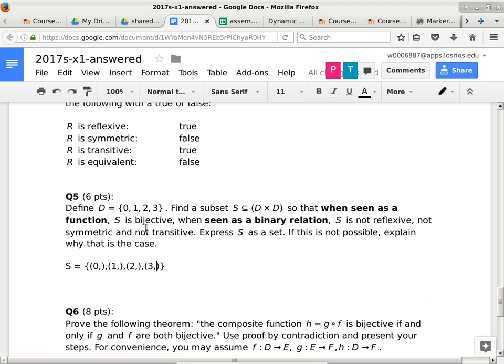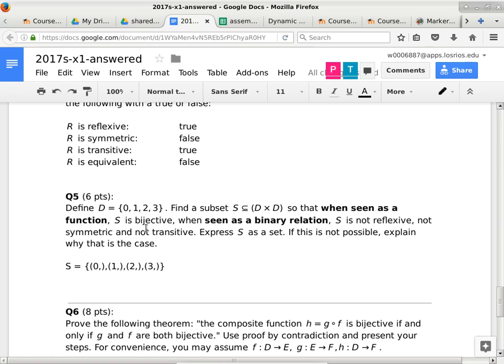You have to make sure it's not reflexive. So (0,0), (1,1), (2,2), (3,3) does not work because that's reflexive. What about (0,1), (1,1), (2,1), (3,1)? That won't work either because it's not bijective. We want it to be bijective. How do you make it bijective? Every injective and surjective. Yep, so everything in the range has to be mapped.